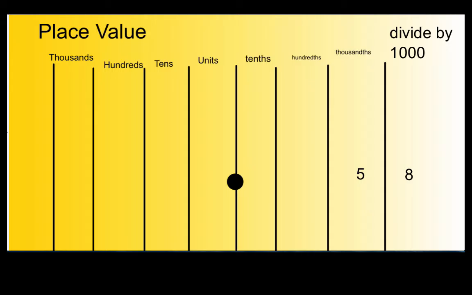And then you've got to put in these zeros here as placeholders, because you can't just have nothing there. And there's your answer, 0.0058, which is really 0 tenths, 0 hundredths, 5 thousandths, and this column here is 8 ten thousandths, which is getting pretty small. Time for you to have a go.